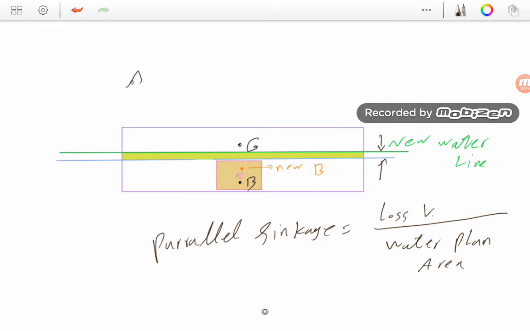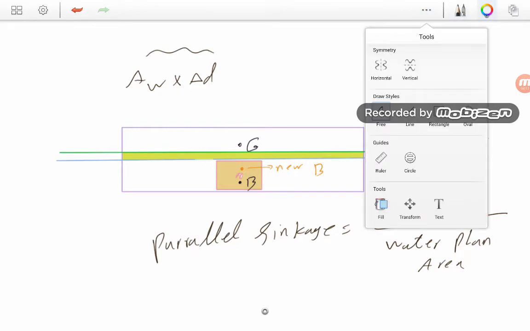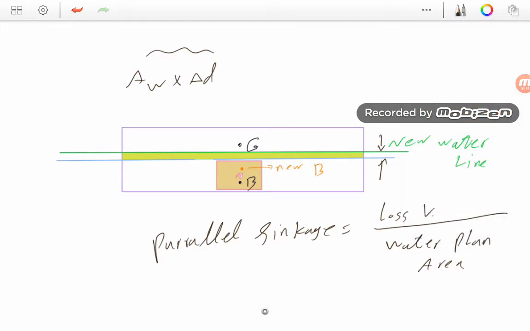The water plane area, which is AW, if we multiply that by the parallel sinkage, or delta D, the change of the draft, this will be equal to this area. So how much volume did we lose? This volume is equal to this green, yellow one, so this should be equal to the lost volume.